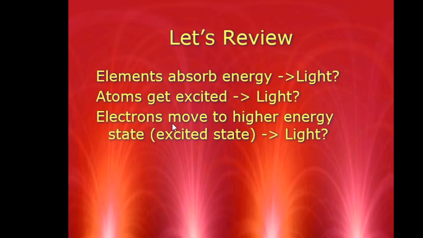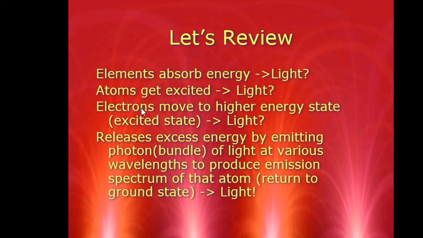Electrons move to a higher energy state, up to the excited state. Do they give off light? Not yet. Okay. They release excess energy by emitting a photon, a bundle of light at various wavelengths, to produce the emission spectrum of the atom, and return to ground state. Yes, that is when we give off light.